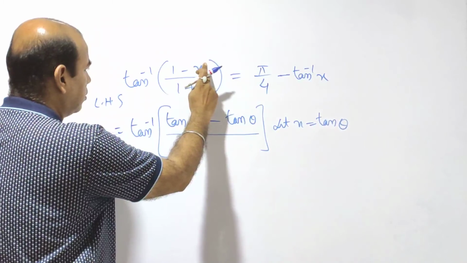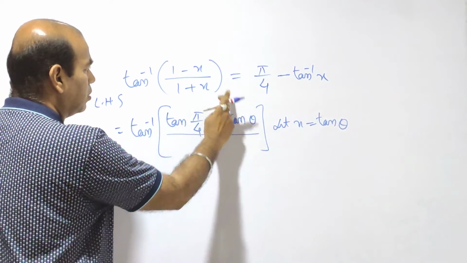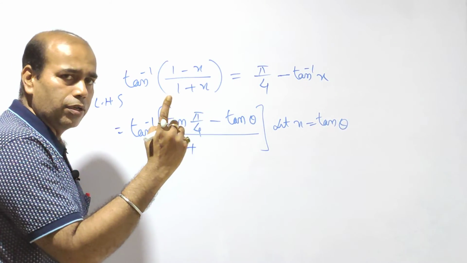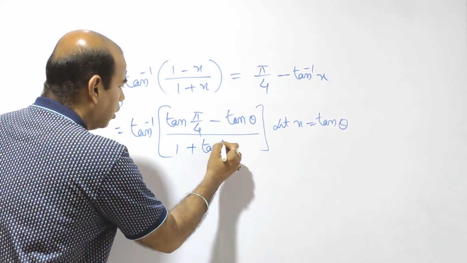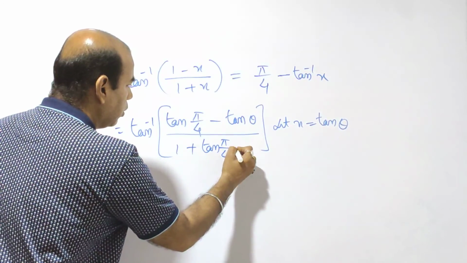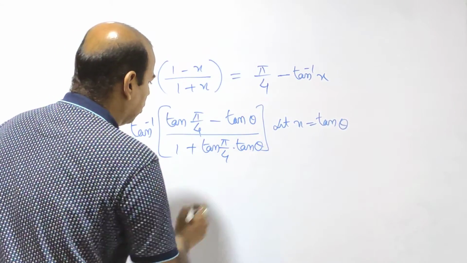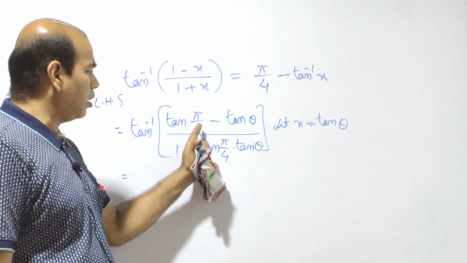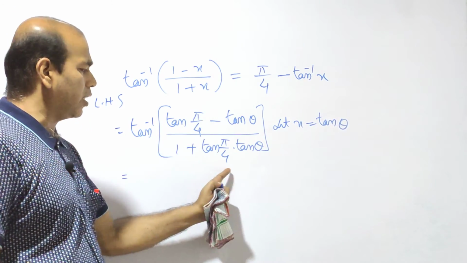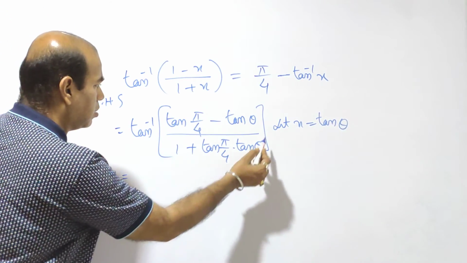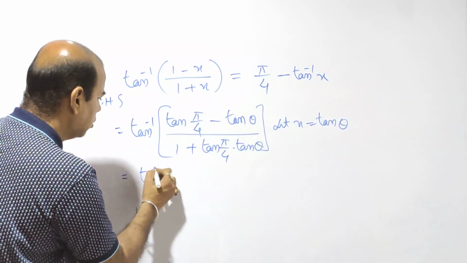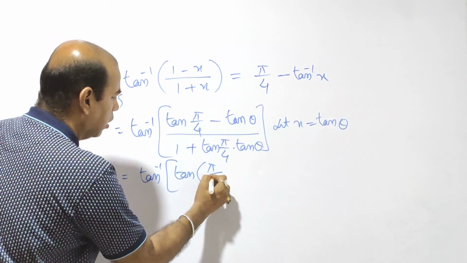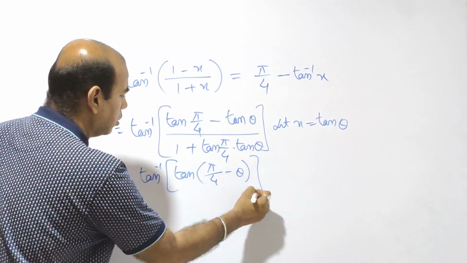Now you see very nicely what is happening. 1 minus tan pi by 4 minus tan theta by 1 plus tan 45, which is 1, so I can write tan pi by 4 into tan theta. Now this is tan inverse of (tan a minus tan b by 1 plus tan a into tan b). Ultimately this fits the formula of tan of a minus b, that is pi by 4 minus theta.